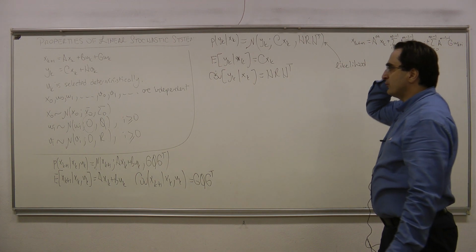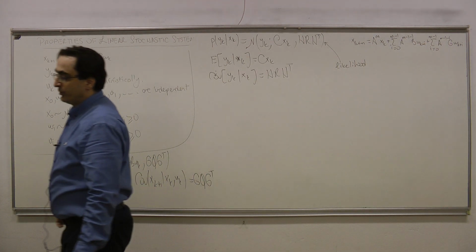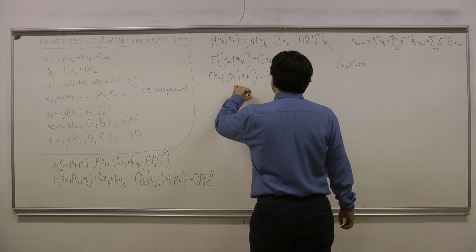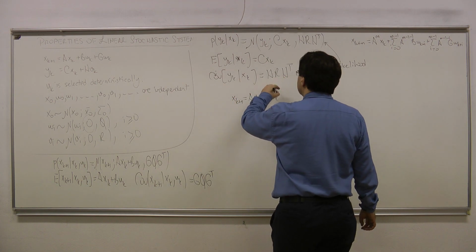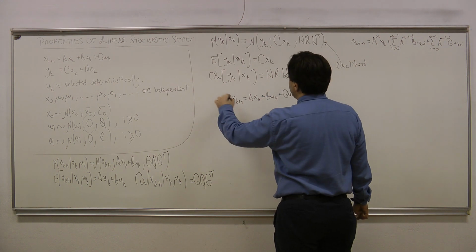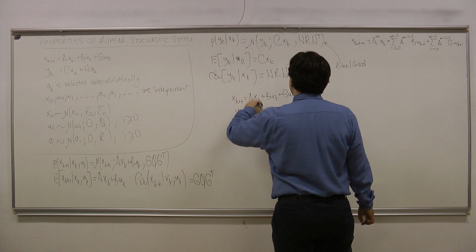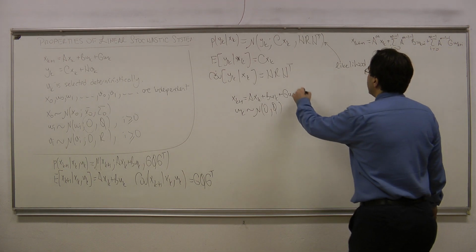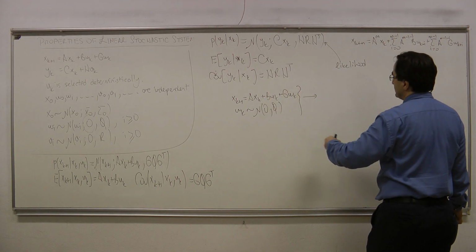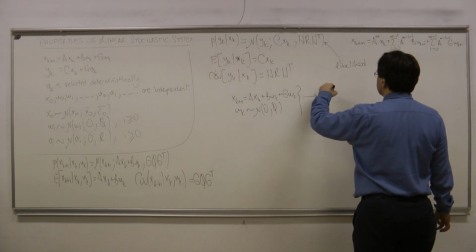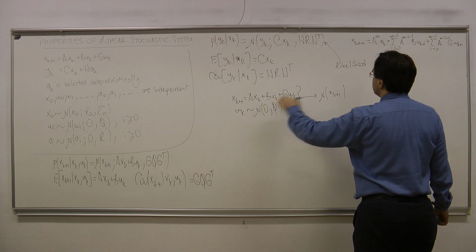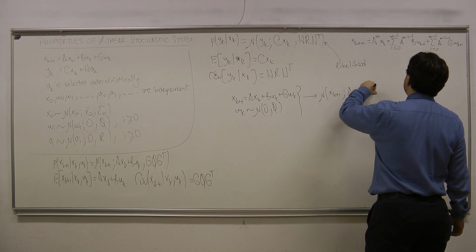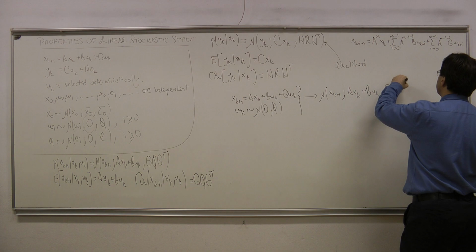If you remember our discussion of the alternative description of the stochastic process, I have xk+1 equal to A xk plus B uk plus G wk, when I also have the distribution of wk as Gaussian with mean 0 and covariance Q. Then I could replace both of these equations with this transition density: xk+1 given xk and uk is normal with mean A xk plus B uk and covariance G Q G transpose.